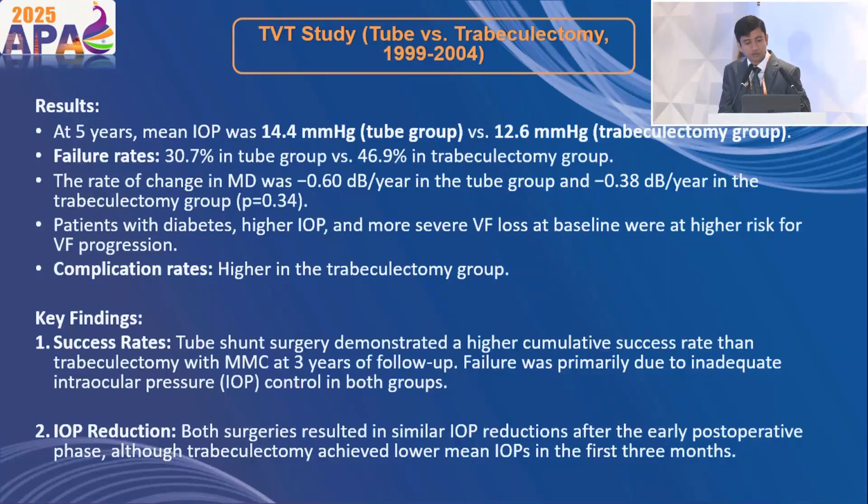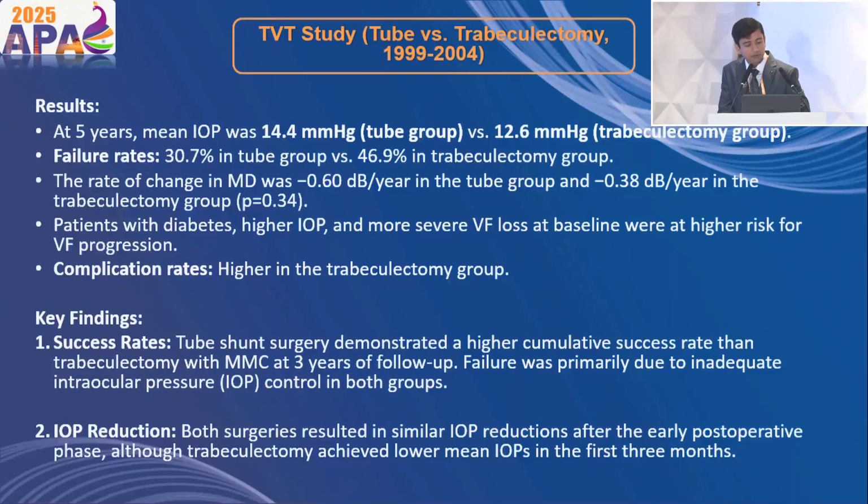The change of visual field damage progressing was slower with the trab group, but again not statistically significant. They identified diabetes, high IOP, and more severe visual field loss at baseline as the risk factors for progression. Complication rates were also mentioned to be higher with the trab group.